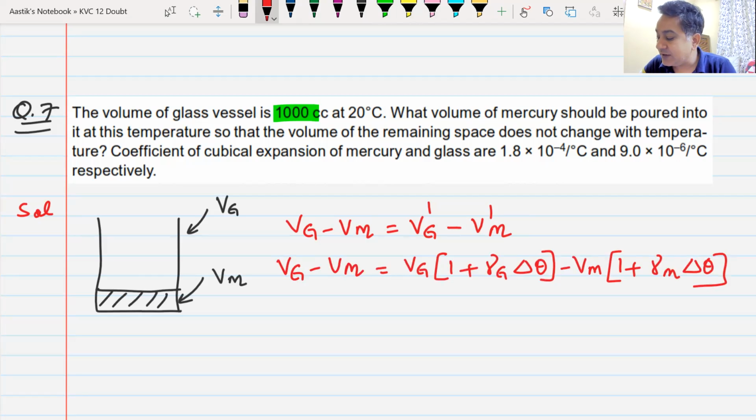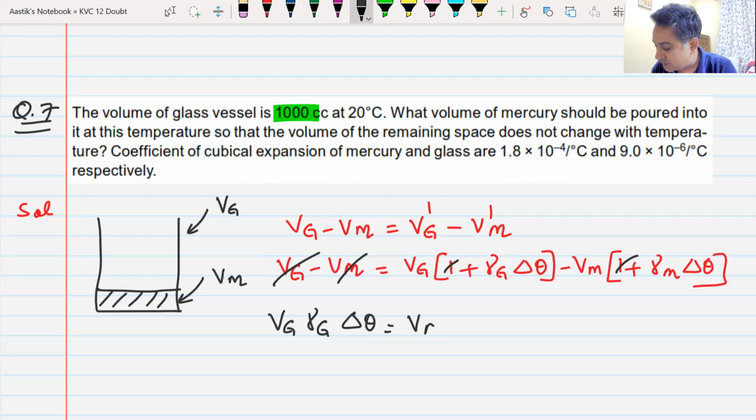If you look closely, the Vg and Vg will cancel, and the Vm and Vm will cancel. Then you will get Vg into gamma g into delta theta equal to Vm into gamma m into delta theta.